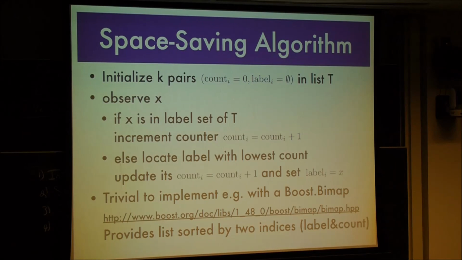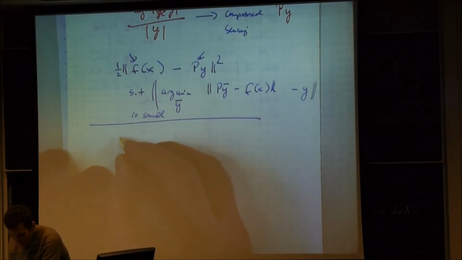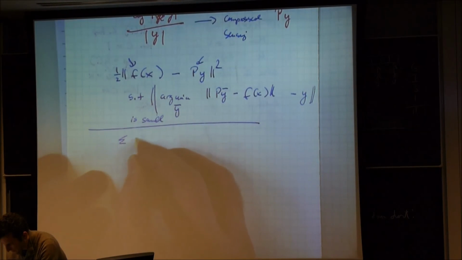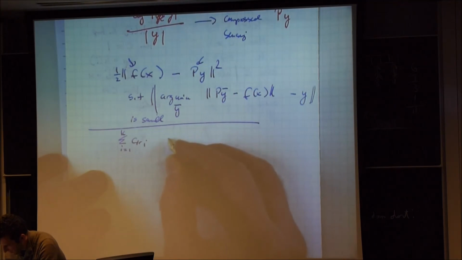Okay. Now, the obvious question is, does this algorithm do anything not totally crazy? The first thing to think about is that at each step, one of the counters is being incremented. So if I observe n elements, then in the end, the sum of the counters, for i equals 1 to k, is n.